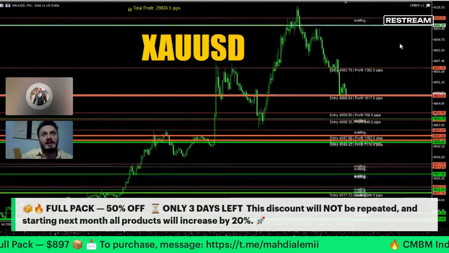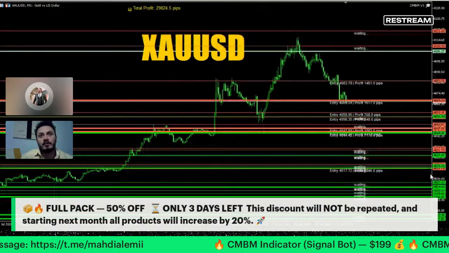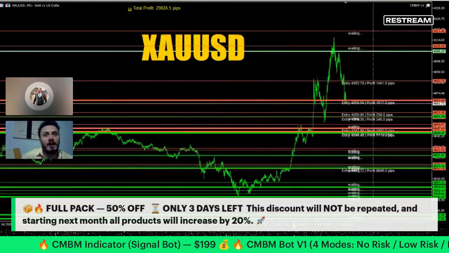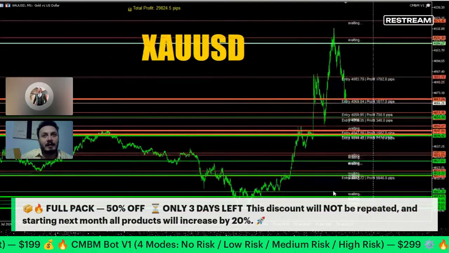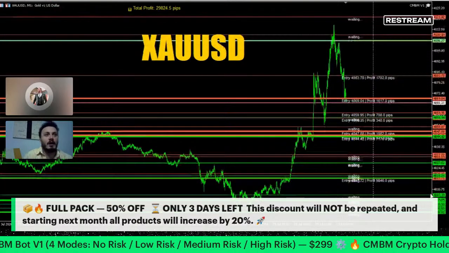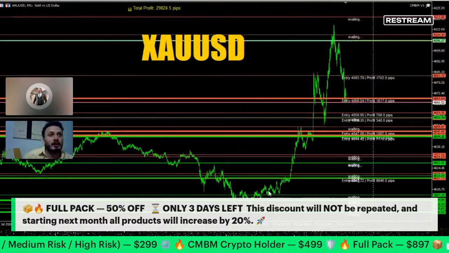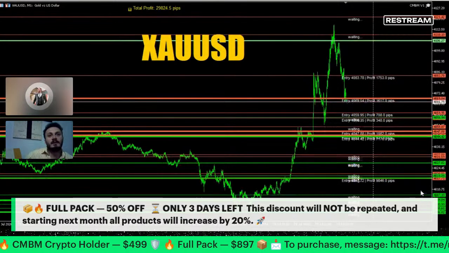For example, today we entered the trade at 4005. 4005 was a signal on a daily candle on CMBM Bot V1 on an automatic trade. It will give you $40 on XAUUSD.